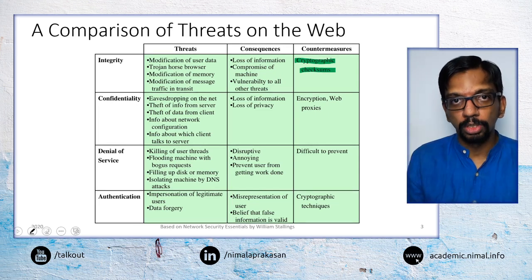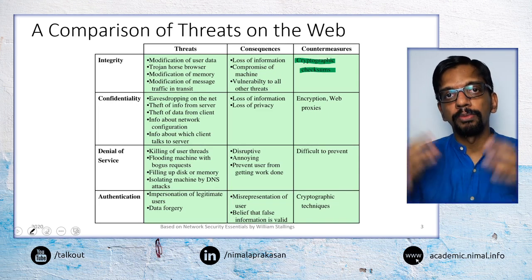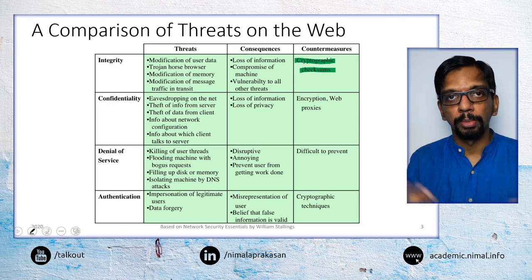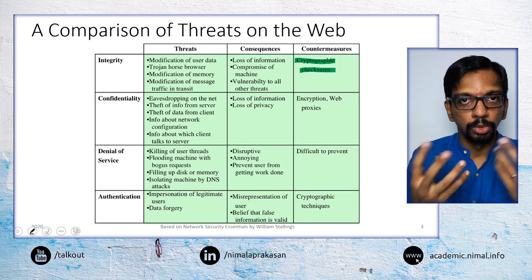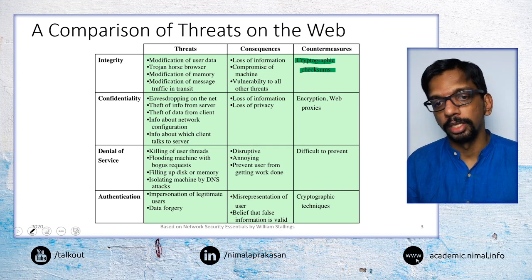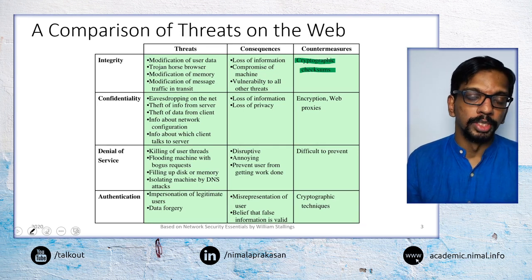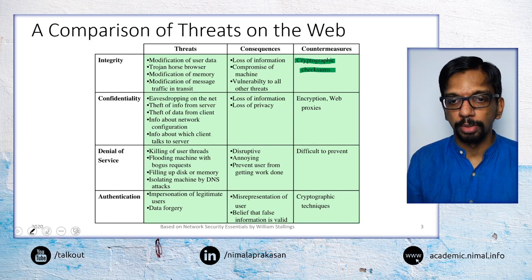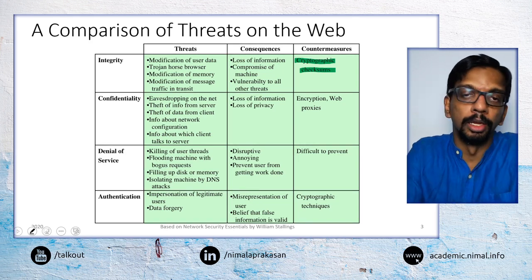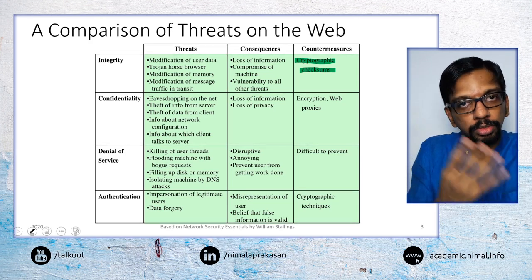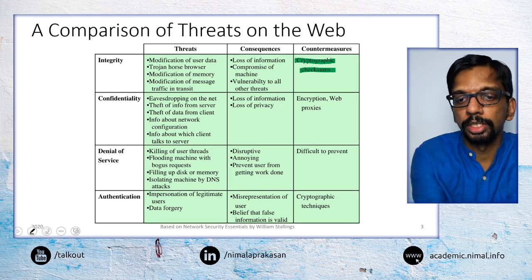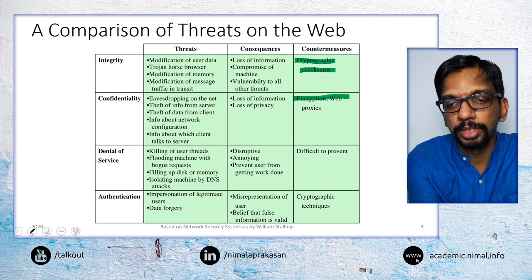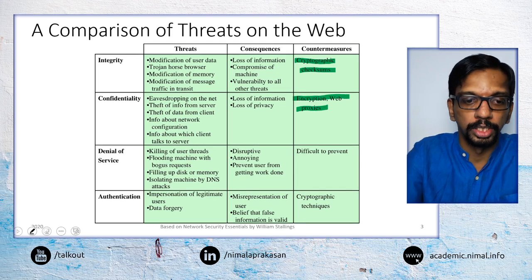Even if you cannot intercept the traffic itself, just the fact that some parties are communicating can be interesting or useful information to some third parties. So again, this could lead to loss of information, loss of privacy, and a couple of the common countermeasures are using certain encryption mechanisms or using web proxies and so on.